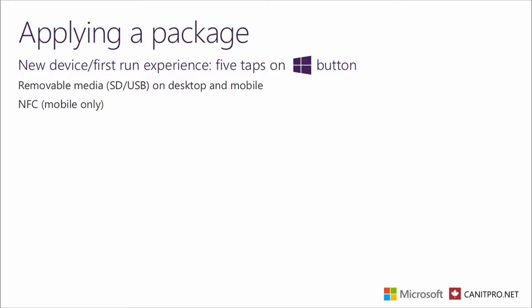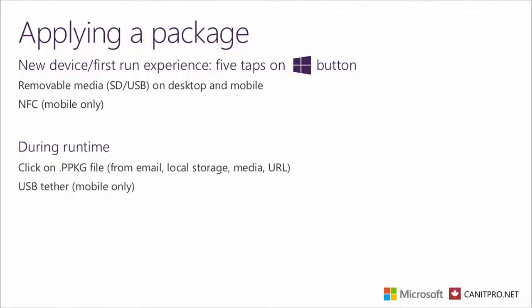And then you can use removable media, so SD cards, micro SD cards, USB, on desktop and mobile, or NFC, which is an interesting one in that I can have an NFC touchpad on a desk in a common area. And when they tap on that, again by identity, what access are they allowed on said device? That's fantastic.